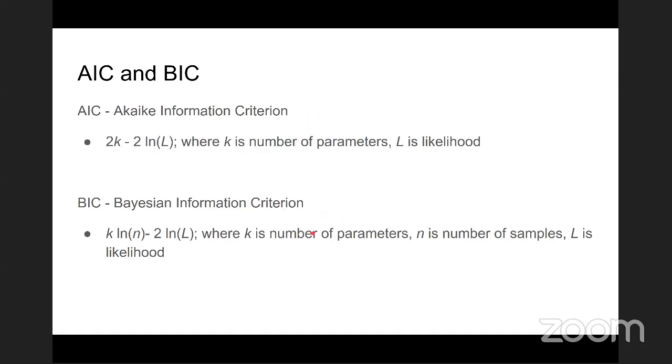So these are different ways of looking at which subset is good. You are also looking at the size of the subset, which is k. Whereas in k-fold cross validation, that k was not the size of the subset, that k was the number of folds. So you're not looking at the size of the subset in k-fold cross validation.